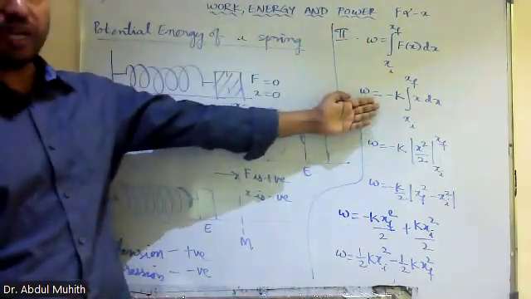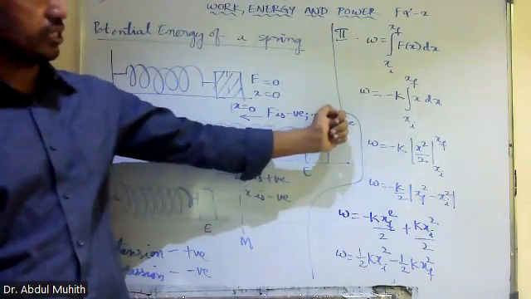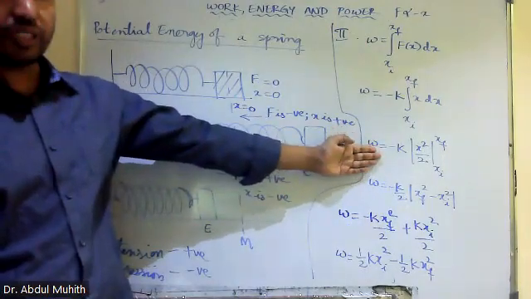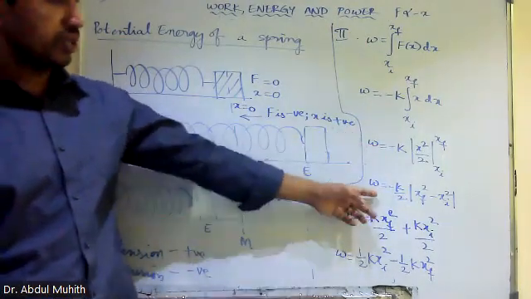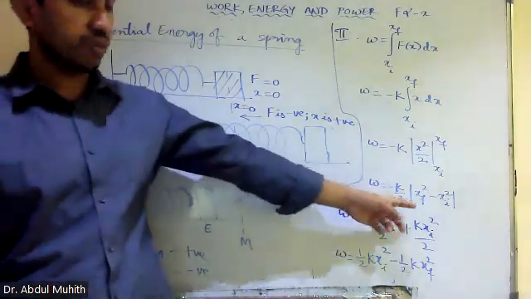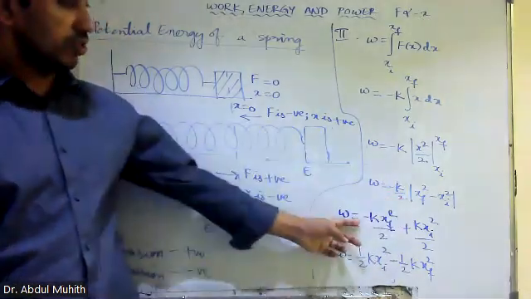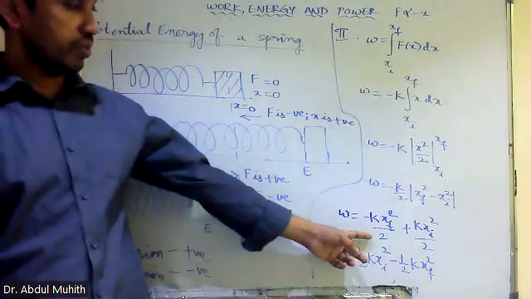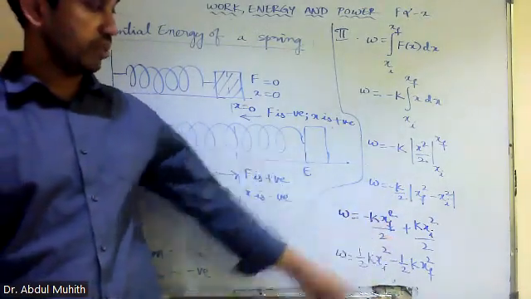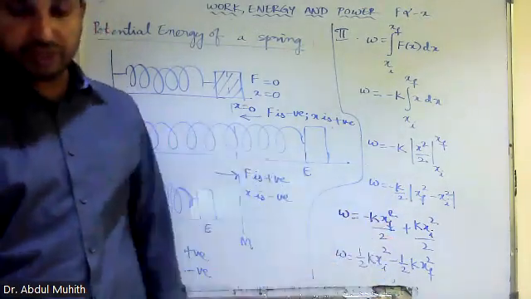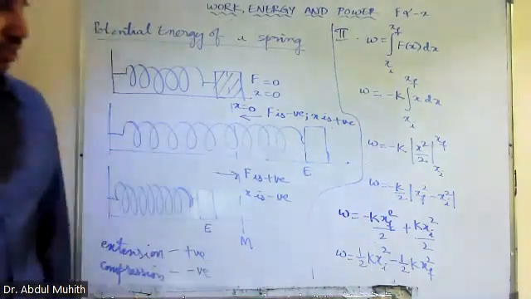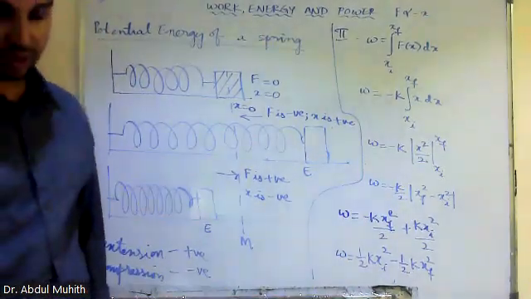Now we write minus k x into dx. What is x? x into integration is x square by 2. That will become minus k by 2 into xf square minus xi square. So that will become minus k xf square by 2 plus, minus of minus will become plus. So you'll get half k xi square minus half k xf square.